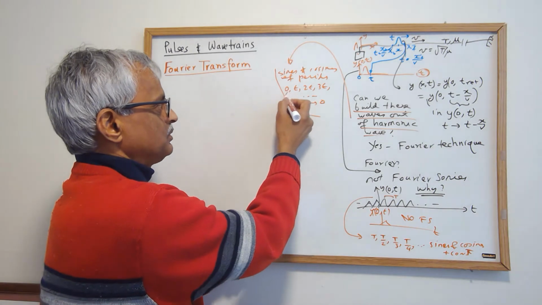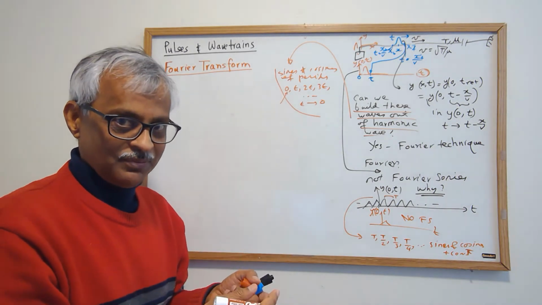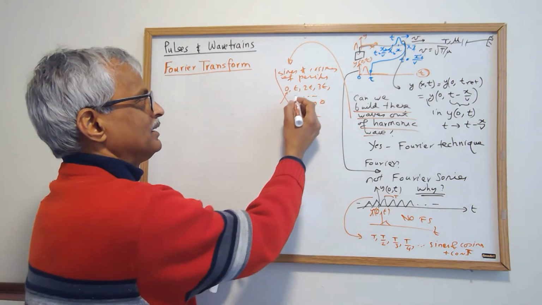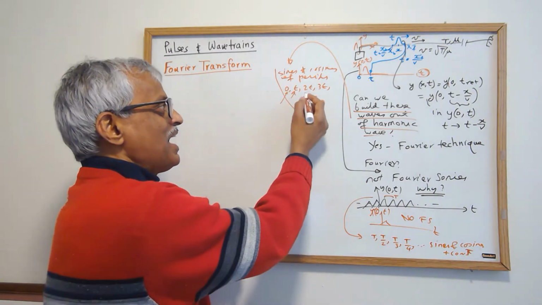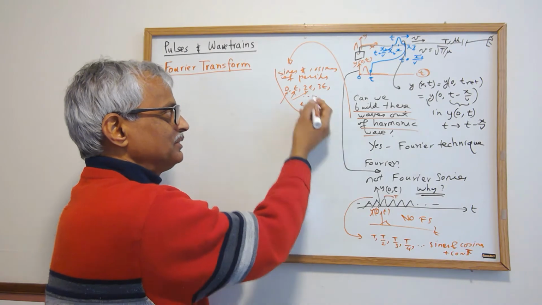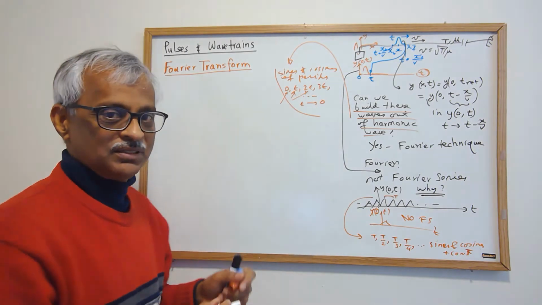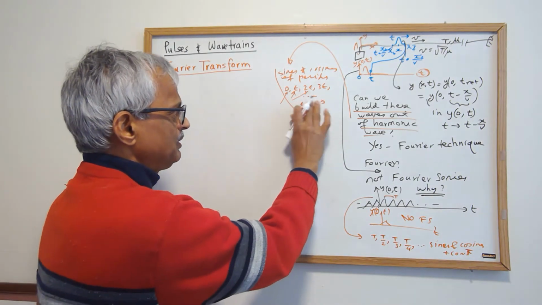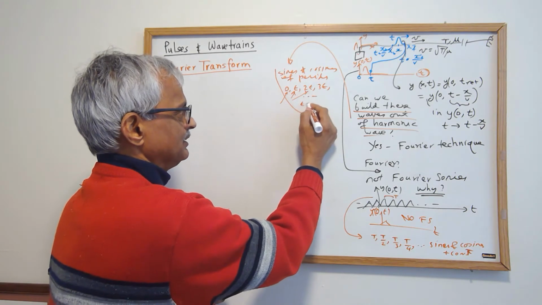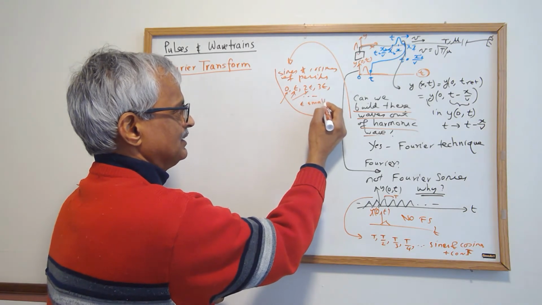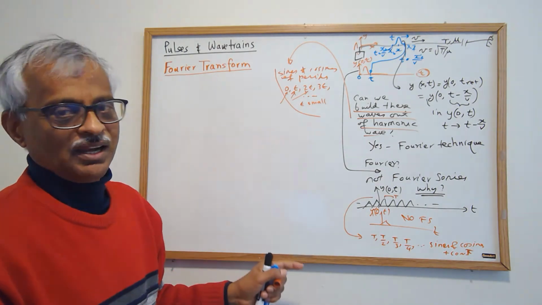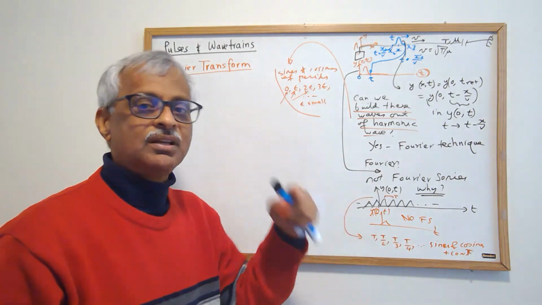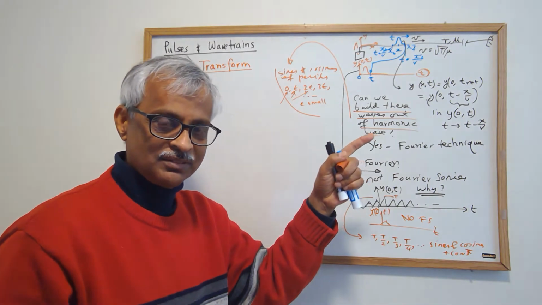A zero period will correspond to infinite frequency, right? This will correspond to a little bit less than infinite frequency, and so on, with steps of epsilon. You can make epsilon infinitesimal, make it small, so it becomes continuous, and the series will turn into an integral.